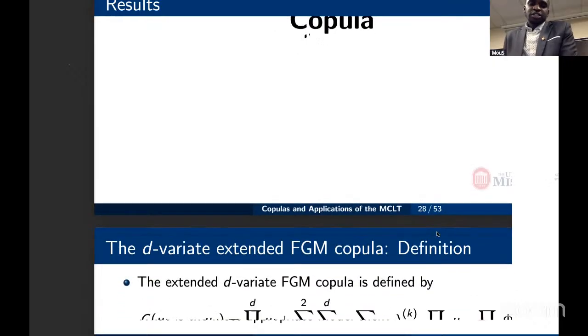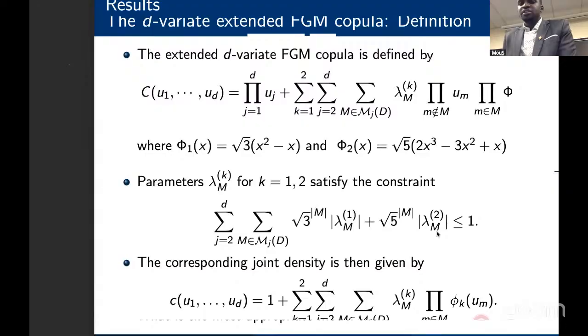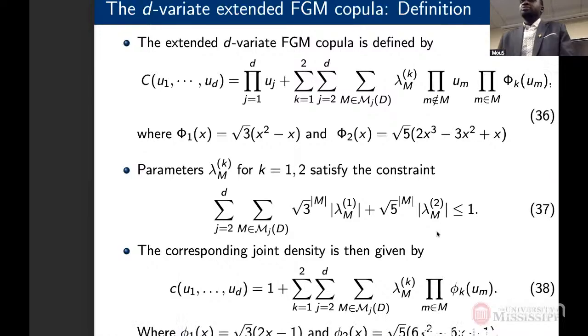So what is the extended d-variate FGM copula? Start with a brief definition. The extended d-variate FGM copula is defined by equation 36, which looks complex, but it's not actually when we have concrete numbers.